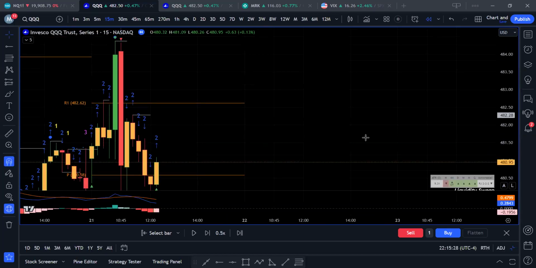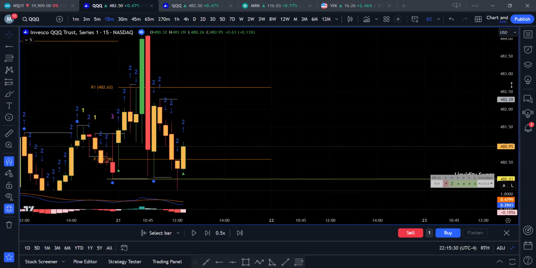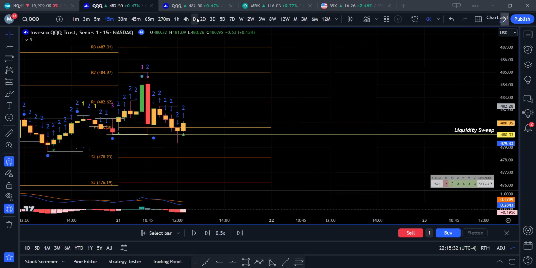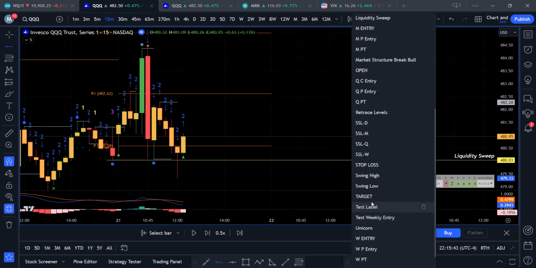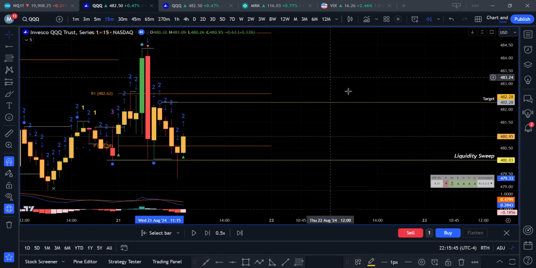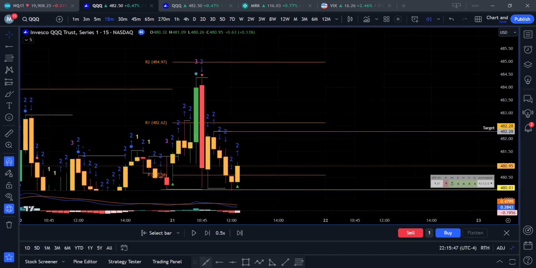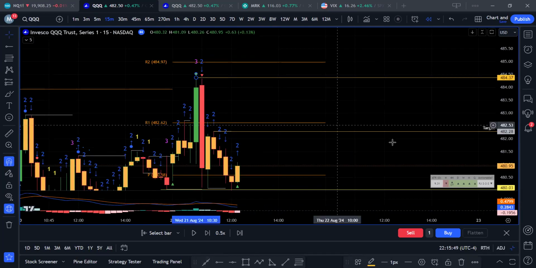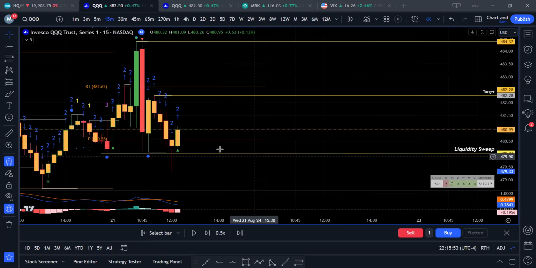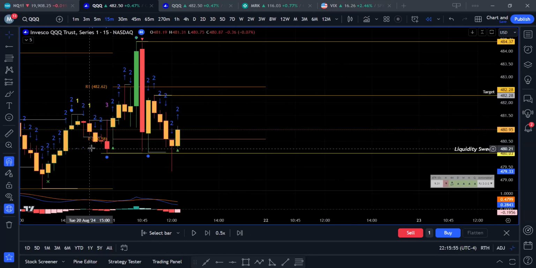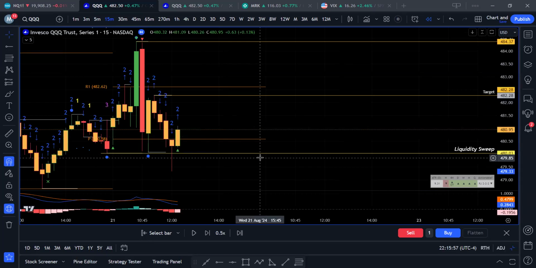All right, and I'm looking for that fair value gap. Sorry, I forgot to mark out my targets. So for me, 2 targets that I'm looking at. Target there, that's 482.28. Other target is 484.37. Those would be my 2 targets, right? So again, on the hour, we get the liquidity sweep, okay?